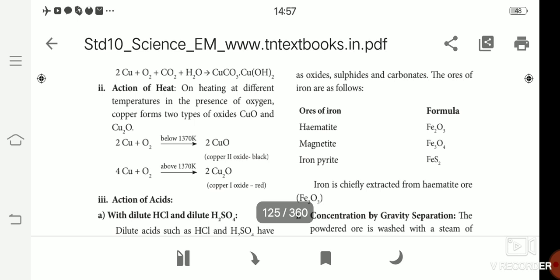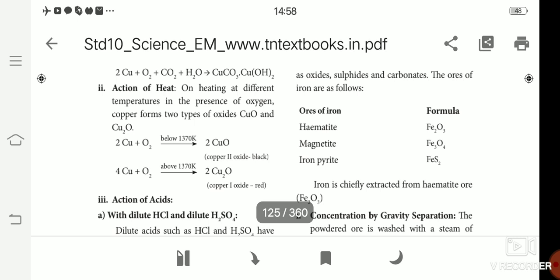The next reaction is the action of chlorine. Copper reacts with chlorine to give the product copper 2 chloride. Then the action of alkali metals.